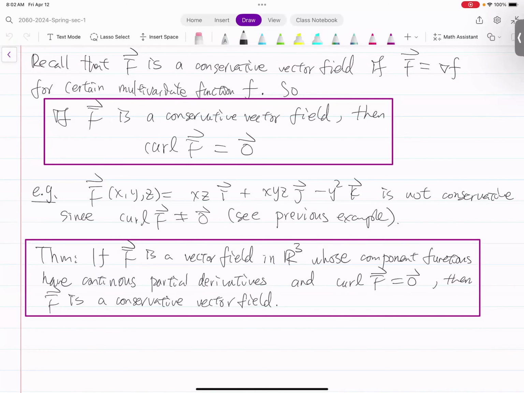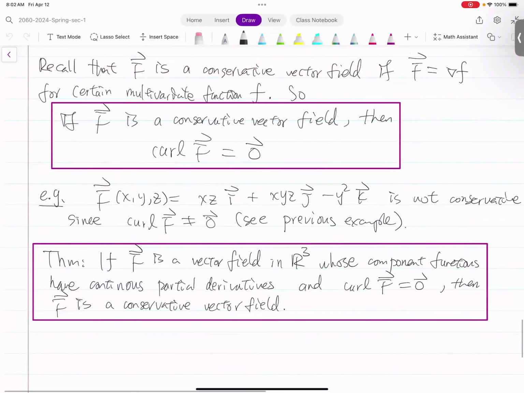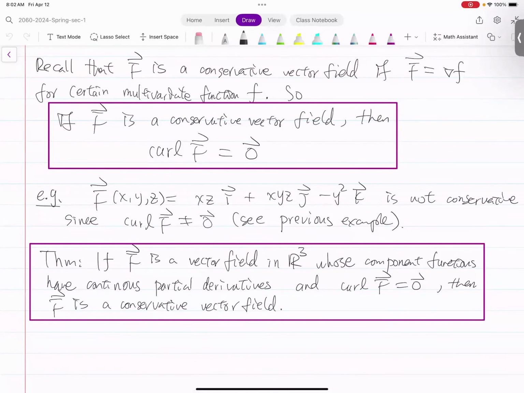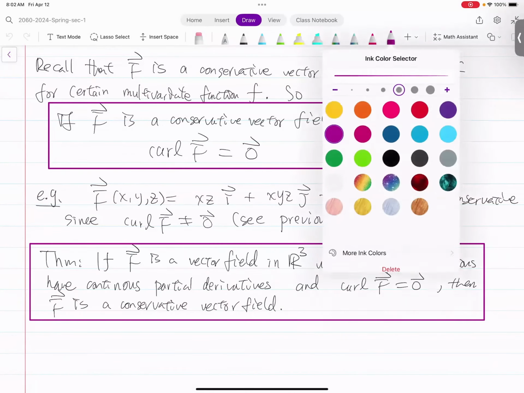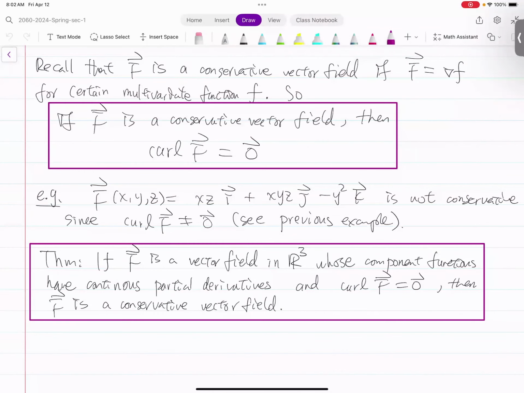You know that if a vector field is conservative, that just means it will equal to the gradient of some nice potential function. Okay. And then in that case, the curl that you compute will be a 0 vector. Right? And the reverse is true if your vector field has continuously differentiable component functions.